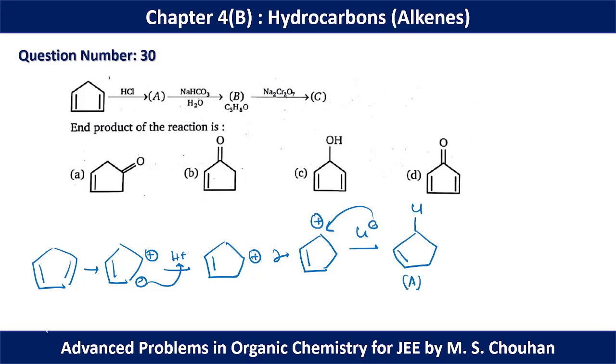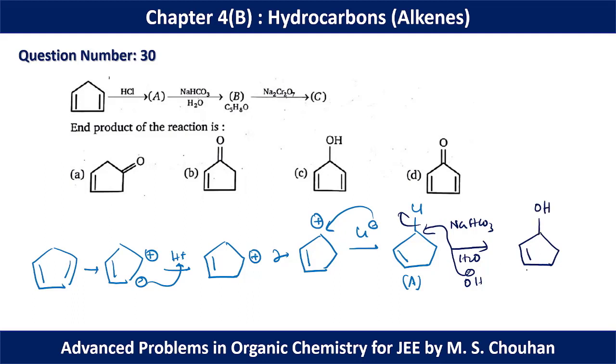Okay. Now we have one basic solution. Direct base is not introduced here, so we have used sodium bicarbonate in water. So basically it is a kind of basic situation. So OH minus can approach and we can have a substitution reaction in this case like this.